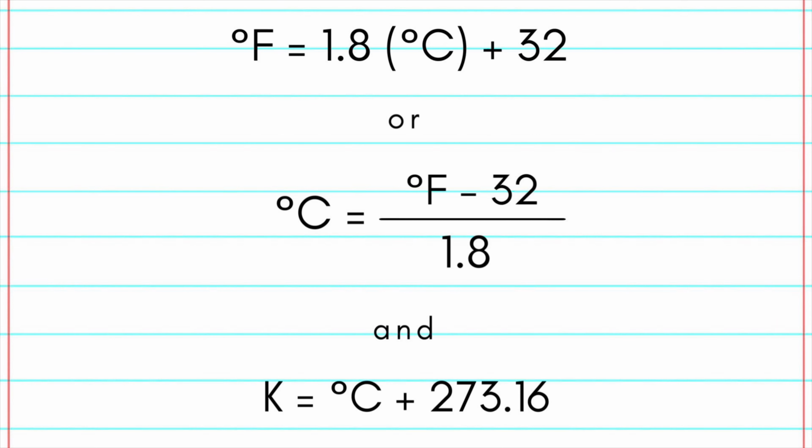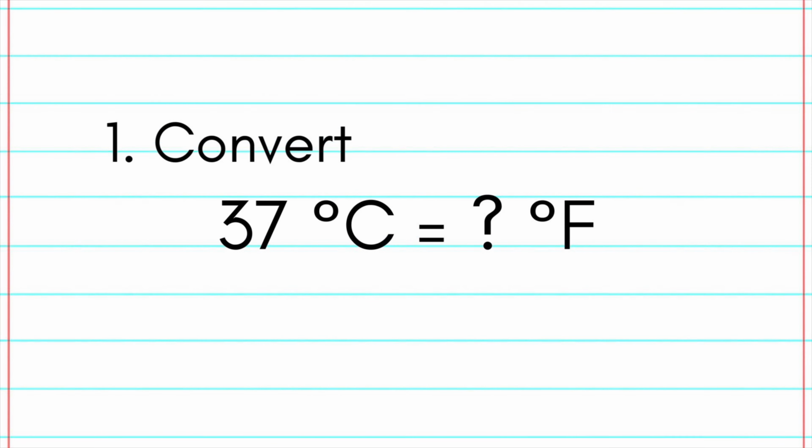By the way, the third formula is also derived from the ratio and proportion concept of the Celsius and the Kelvin scales. Let us now apply the formulas in solving the following sample problems, starting with number 1.